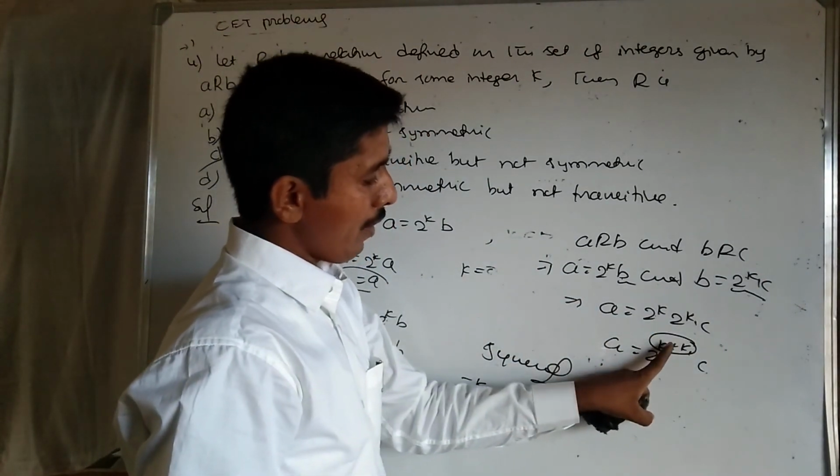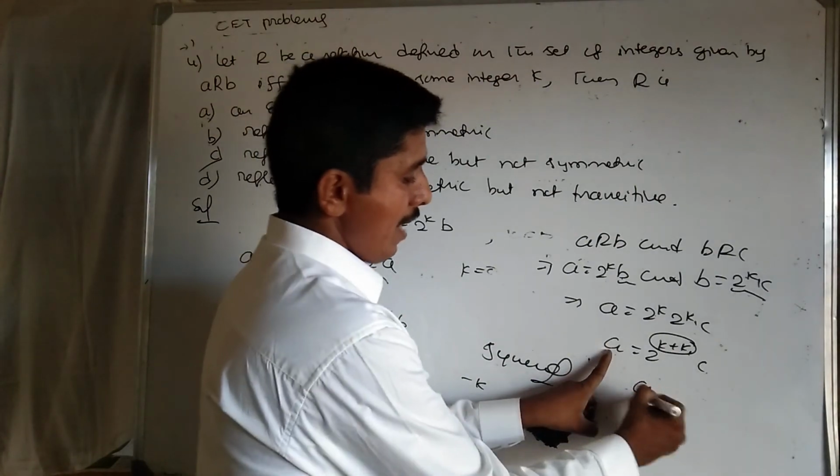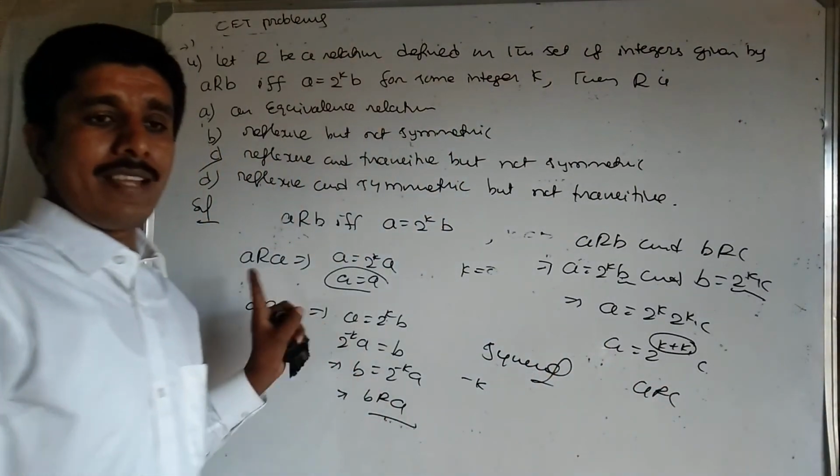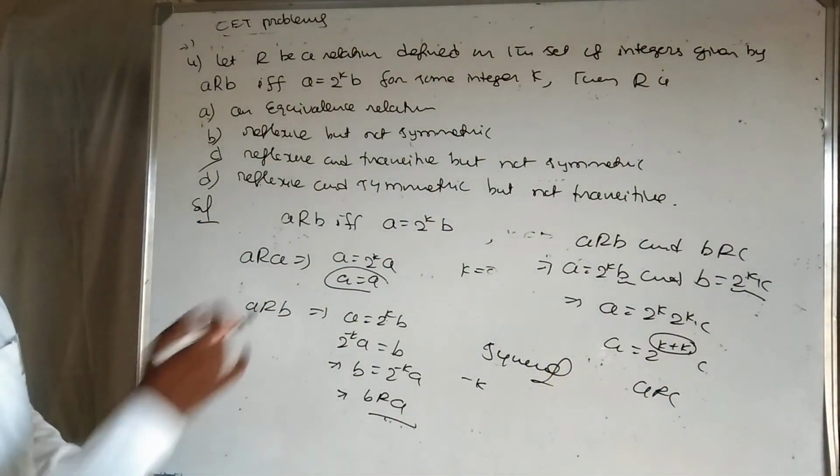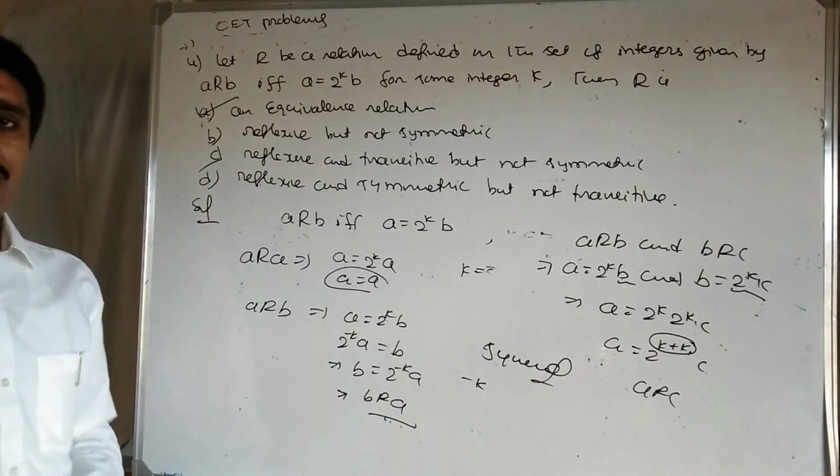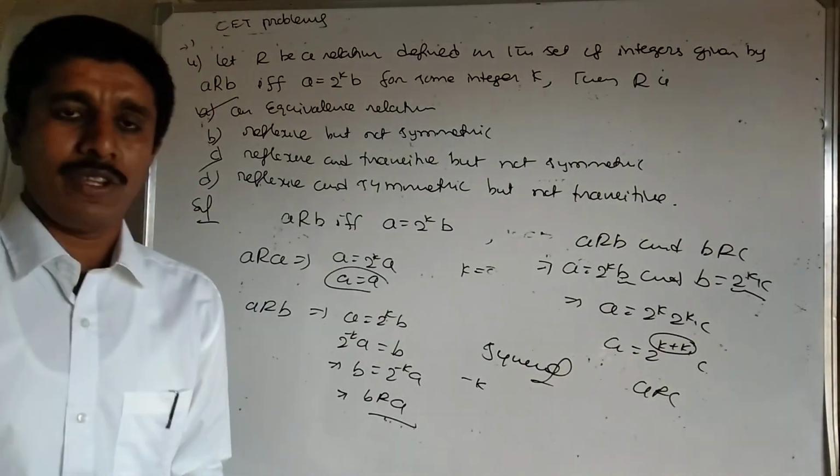So A equals 2 power integer into C, clearly A is related to C, clearly it is transitive. Clearly it is reflexive, symmetric and transitive, so it is an equivalence relation. Clearly option A is the correct option. Thank you very much.